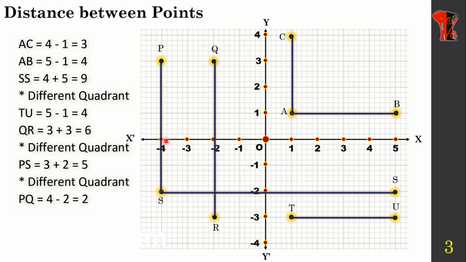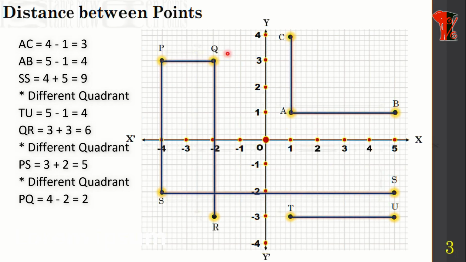From here to here it is 2 units, and from here to here it is 3 units. That means the total is 5 units. And the next one is PQ. It is in the same quadrant, right? It starts at minus 2, ends at minus 4. Same quadrant means we subtract. So 4 minus 2 will be 2 units.